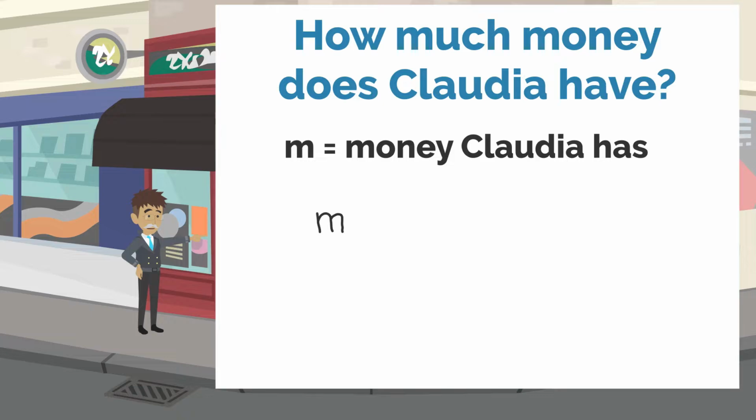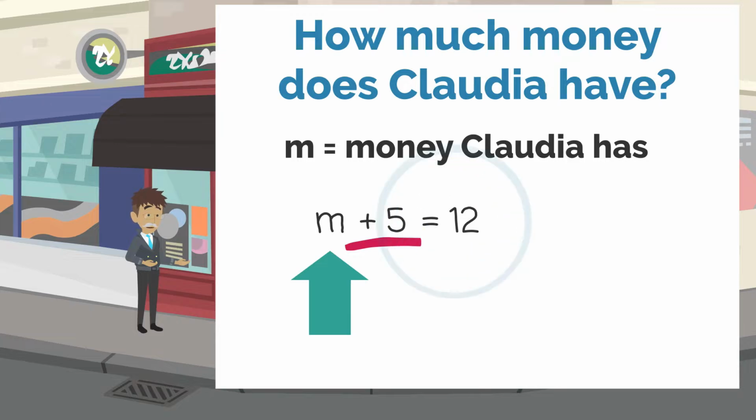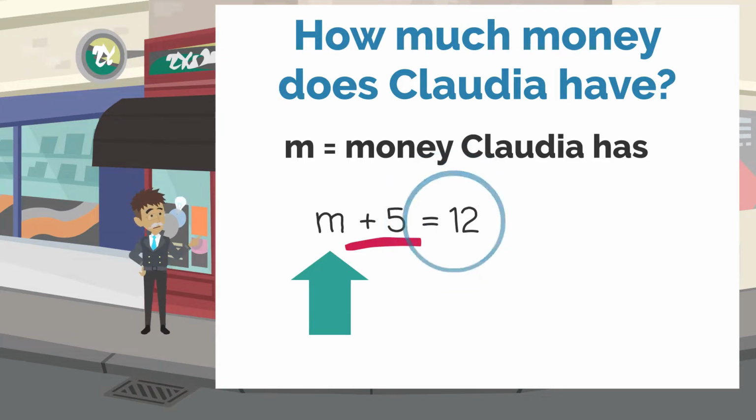Next, we know that if she had $5 more, meaning the plus 5, she would have $12, our result. This statement is the same as saying there is an amount that when we add 5 more, it is the same as 12.